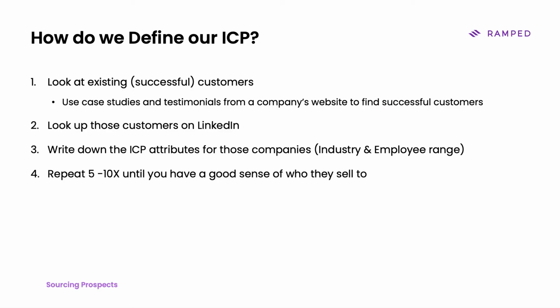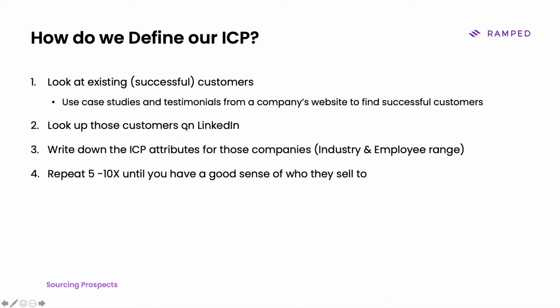Now, how are we going to do this? Well, to define our ICP, the best place to start is always looking at your existing customers, existing successful customers. We want to see who we are selling into today that's happy with us, that's doing well, and that we could potentially model future prospects off of.